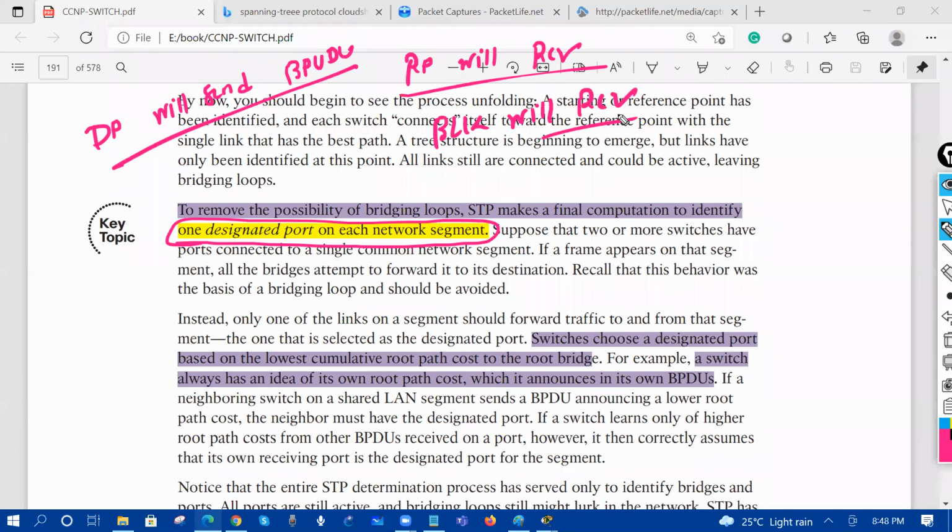So now on every link you will have one designated port. A switch chooses a designated port based on the lowest cumulative root path cost to the root bridge. A switch always has an idea of its own root path cost, which it announces in its BPDU.